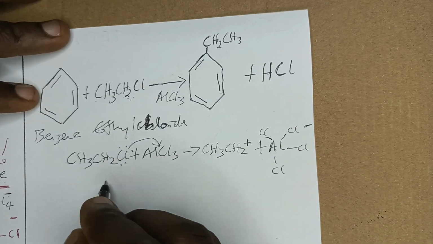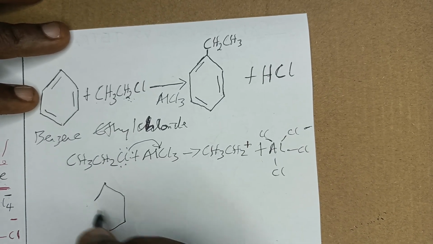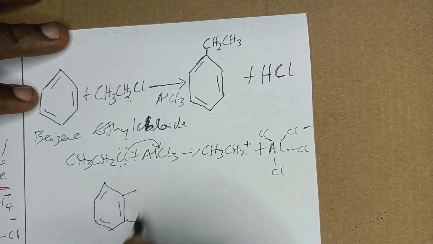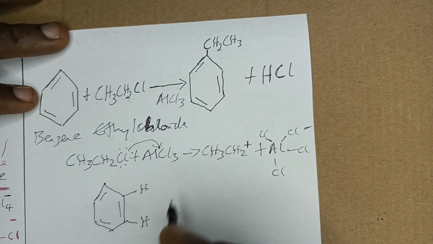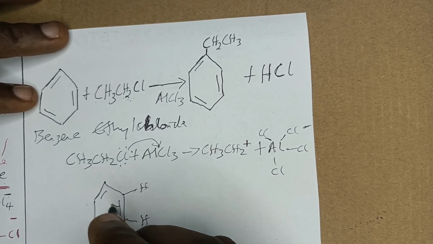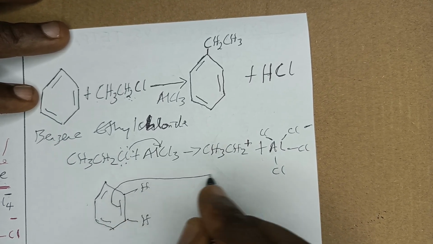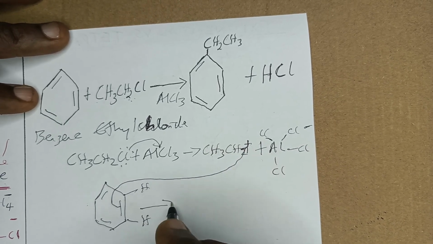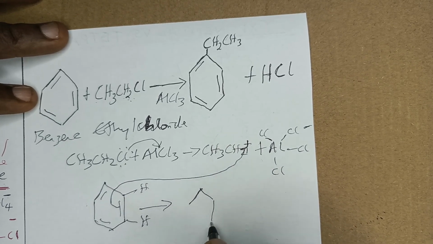Now you have your benzene ring, and what happens next is that this pi bond comes to attack this. When it attacks, it gives us something like this in the mechanism.